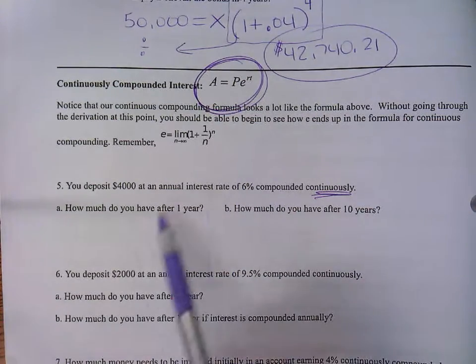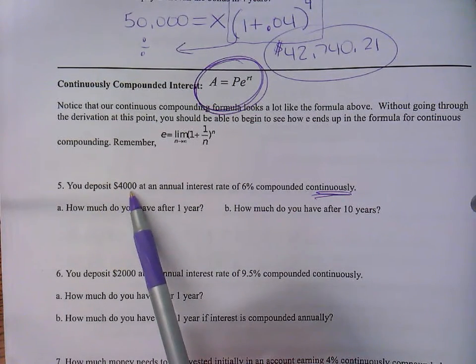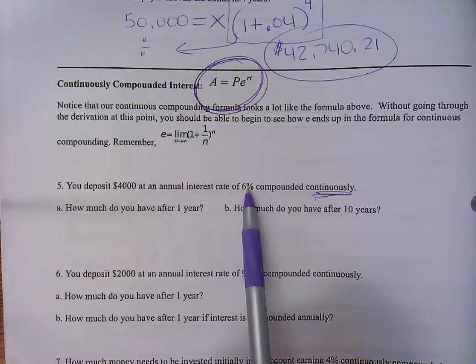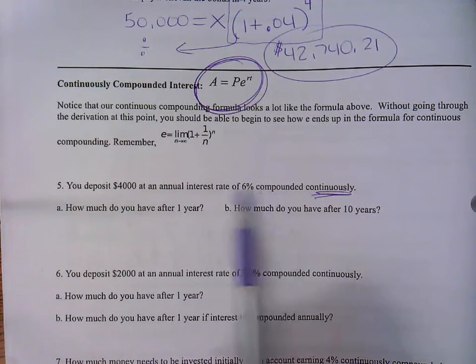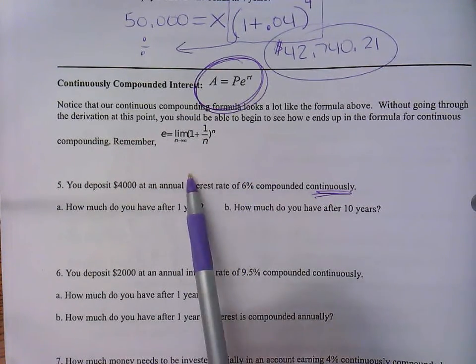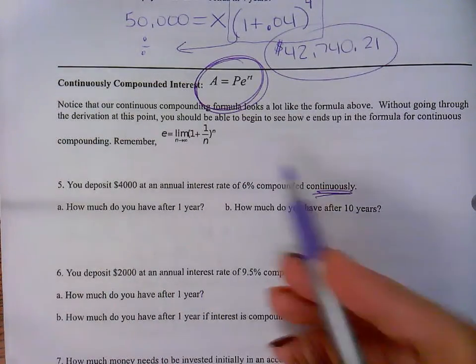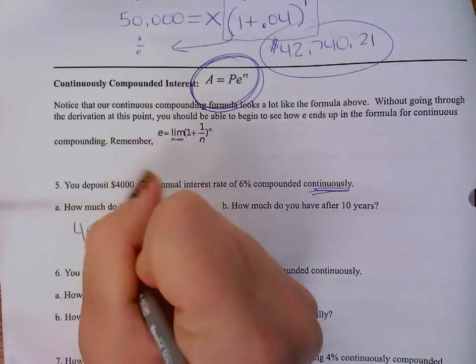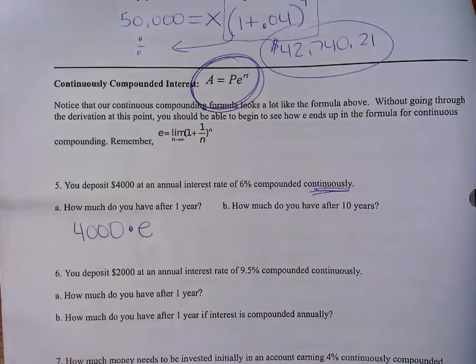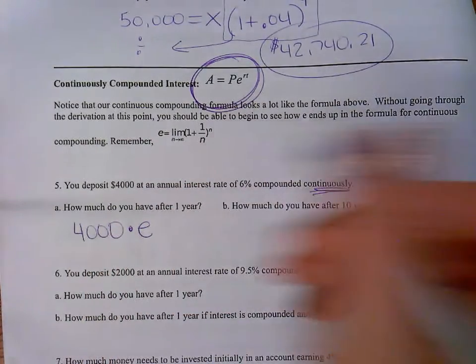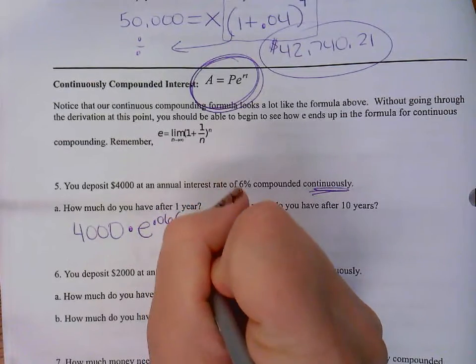All right, so you deposit $4,000 at an interest rate of 6% compounded. It says annual interest rate is 6% and it's compounded continuously. How much do you have after 1 year? So you take $4,000, you multiply by E, and you raise E to your interest rate times your time.